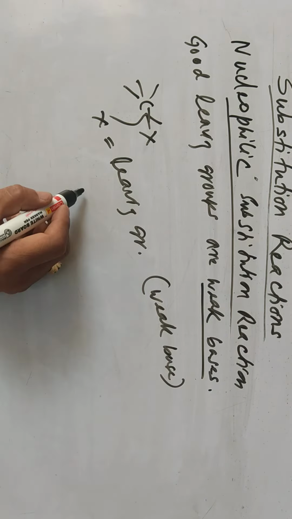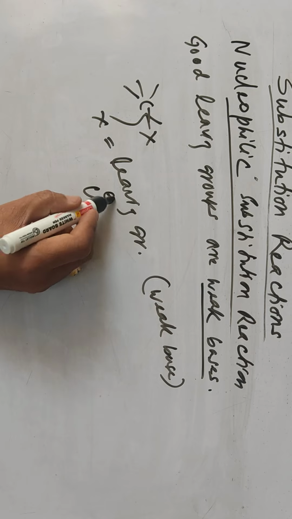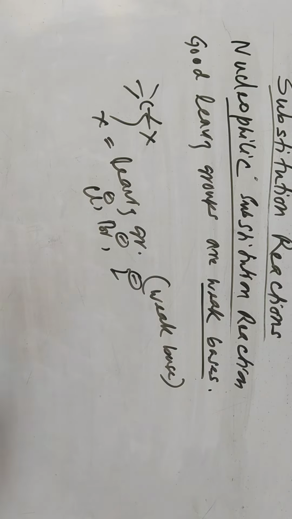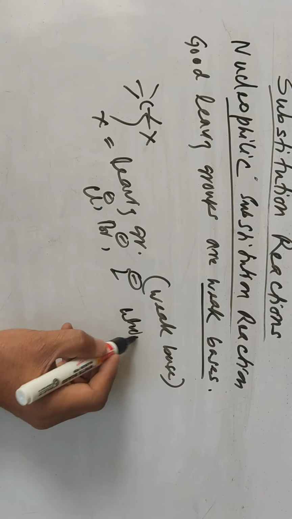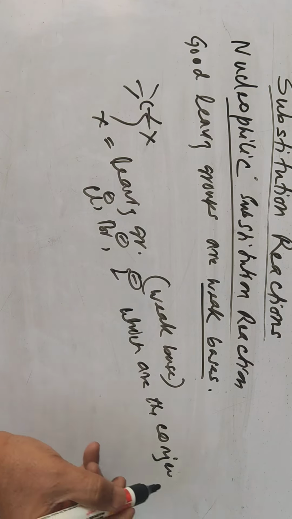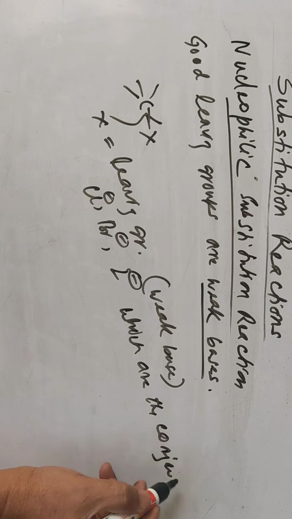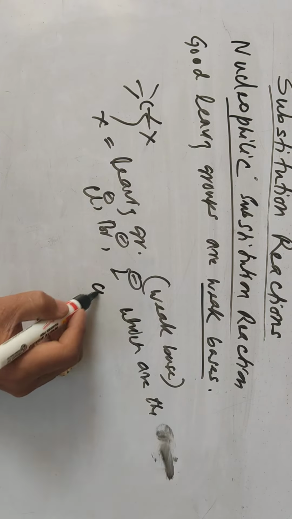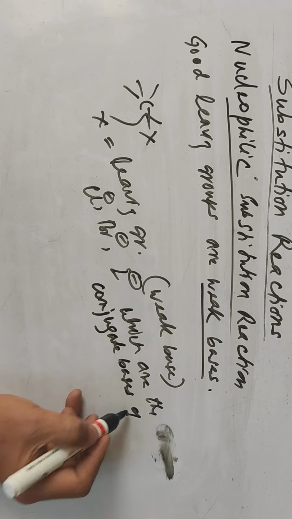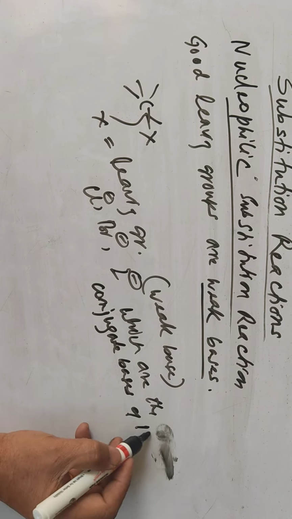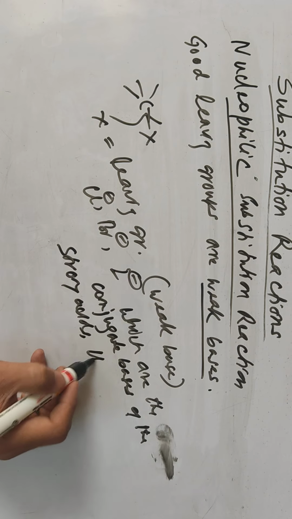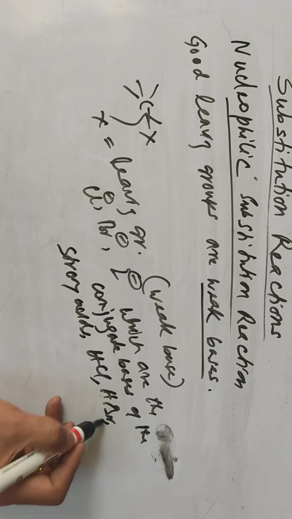Here the leaving groups are mostly X, like halides: bromide, chloride, and iodide are good leaving groups, because they are the conjugate bases of strong acids like HCl, HBr, HI.